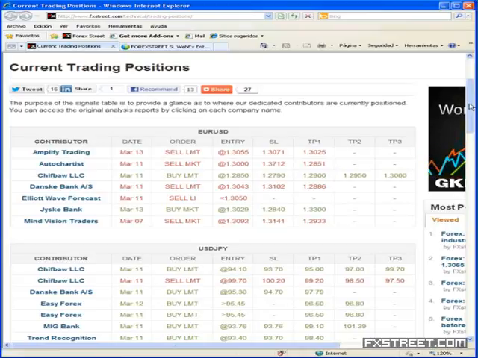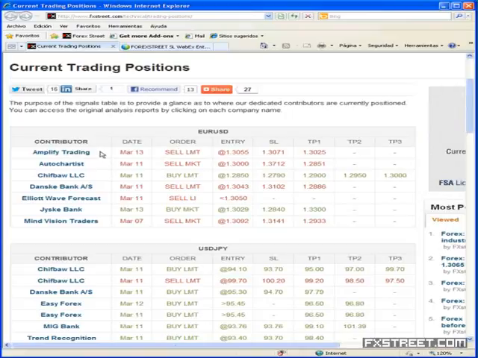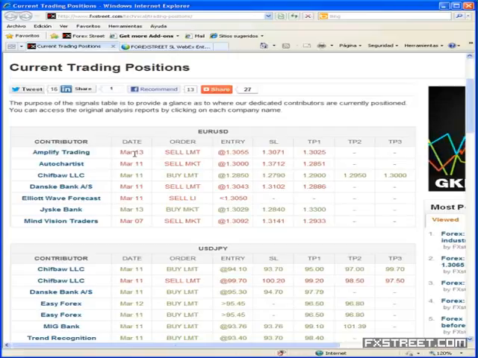We have organized the pairs by importance in volume traded, so euro dollar will always be at the top, and the information is shown in a table format where we can see on the left each contributor. And to the right, we see a series of data pertaining to that particular position.